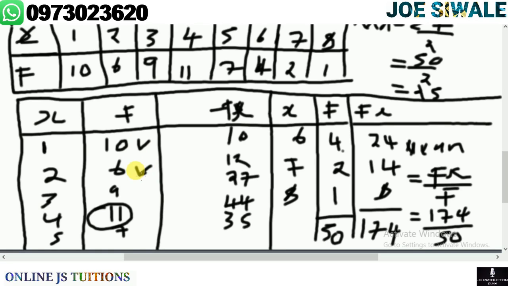Then 16 plus 9 is 25. So if I add 10 plus 6 plus 9, my answer is 25. So this means that the median is 3. So our median there is 3.